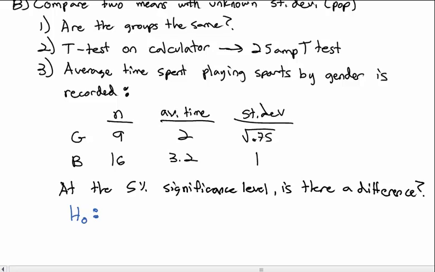So the null hypothesis is that there is not. The mean for the girls is equal to the mean for the boys. The alternative hypothesis is that there is a difference. The mean from the girls is different than the mean from the boys.